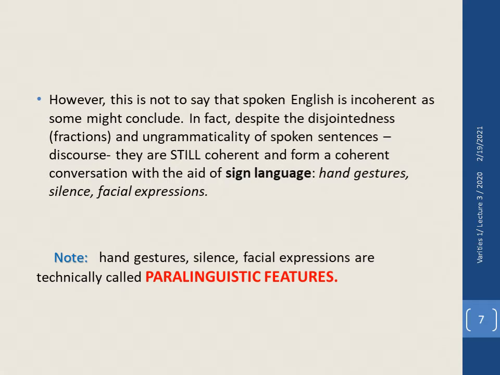Sign language stands for hand gestures, silence, facial expressions, and so on. These are very much aided tools when it comes to speaking. Remember that hand gestures, silence, and facial expressions are technically called paralinguistic features.